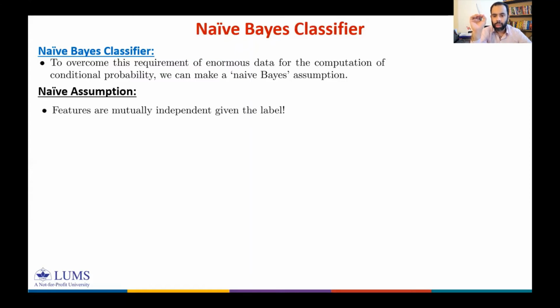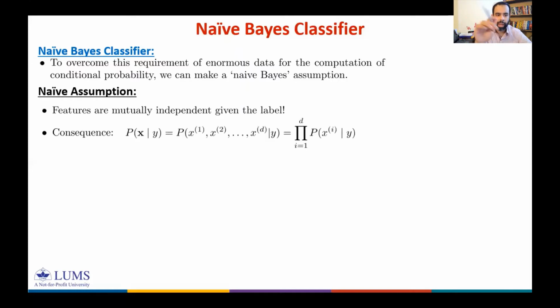And with this assumption, what is the consequence? The joint probability of x given y, probability of x1, x2, up to xd given y, can be written as a product of d individual probabilities, right? How many probabilities do we now need to compute?